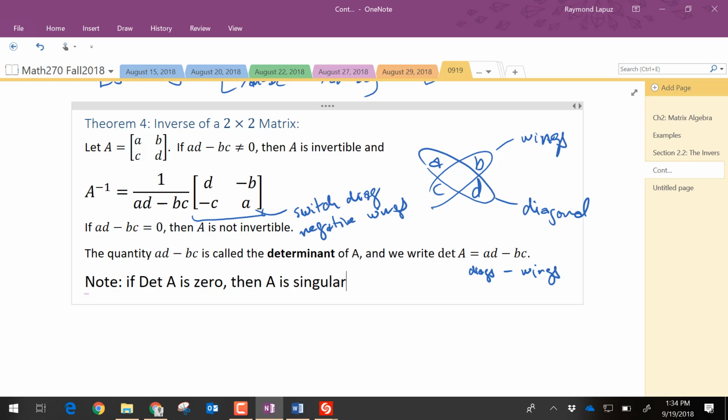Yes. The determinant's a little bit more difficult. Yeah, but that would be probably the easiest way to check if something is invertible. Knowing the determinant formula in advance.